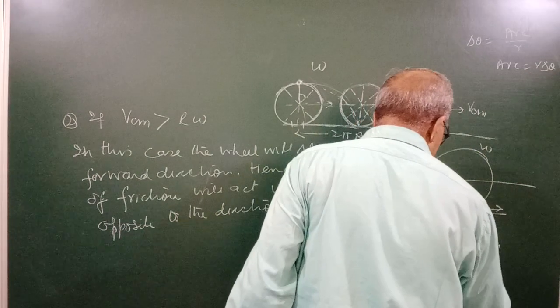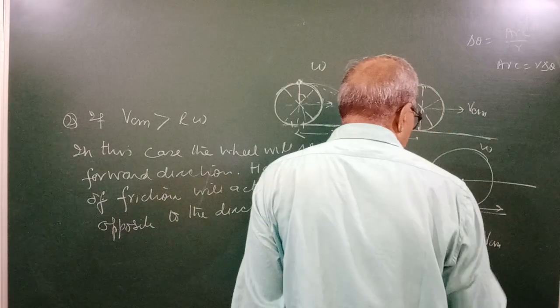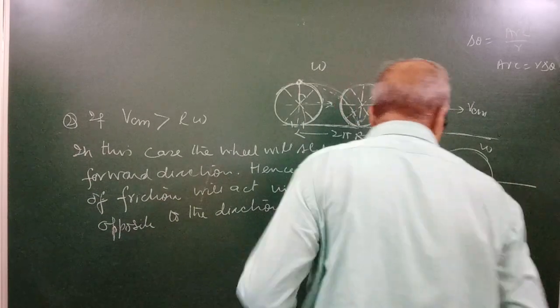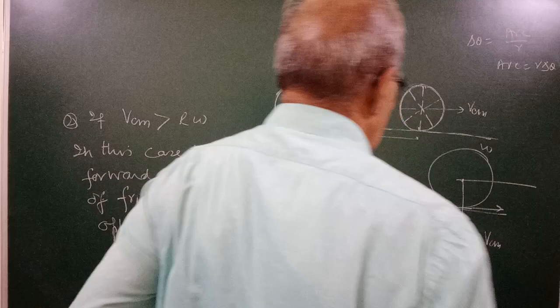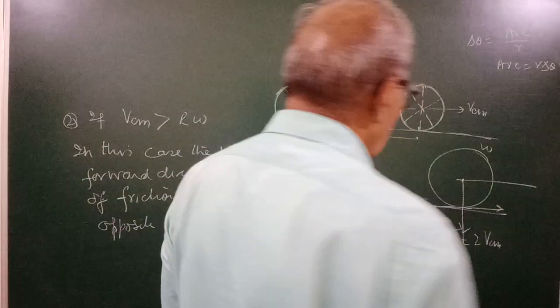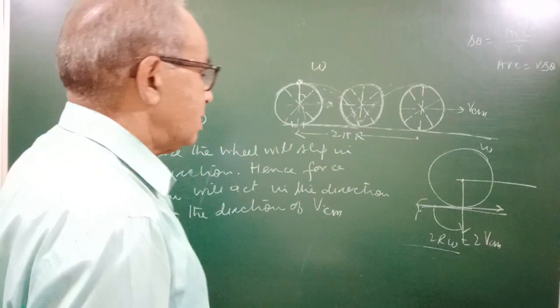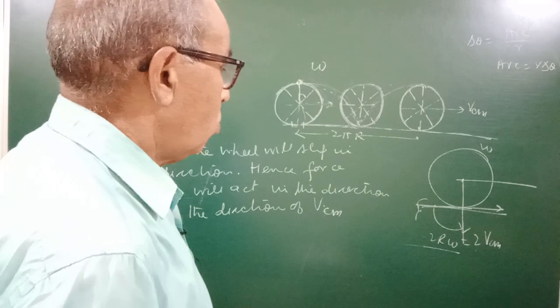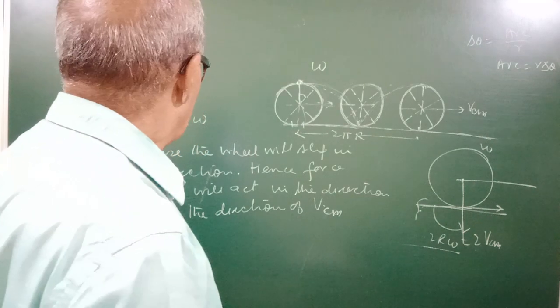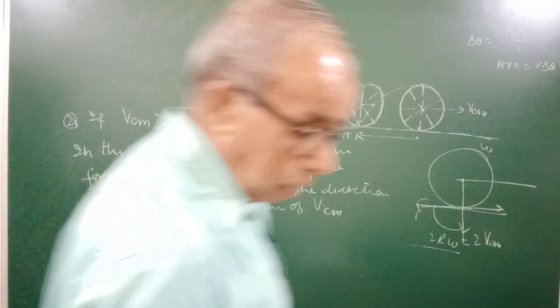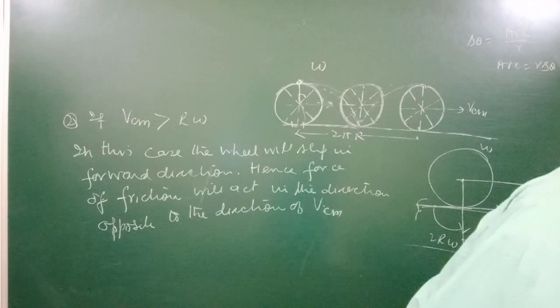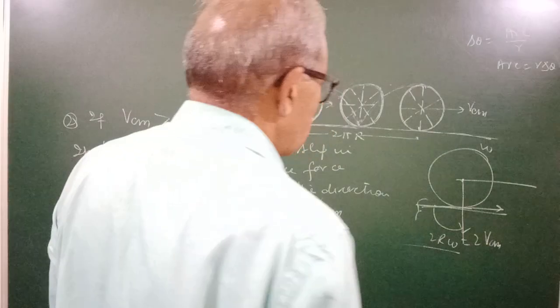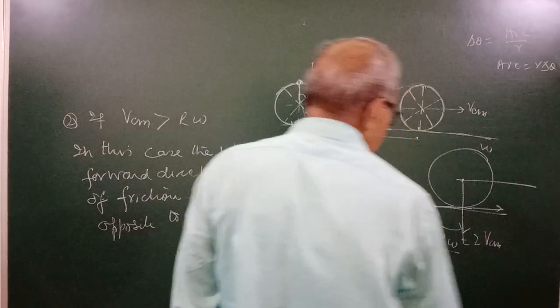This is the center, R. Direction R this. R into F, what is that? Torque. R into F torque. VCM equal to R omega, greater than R omega. Slips forward, force will be backward.